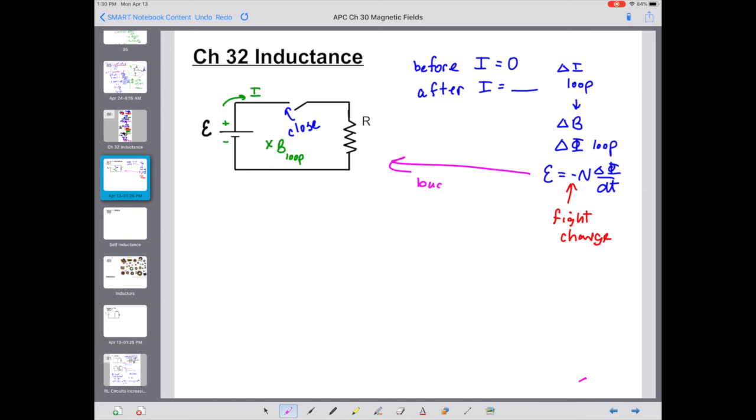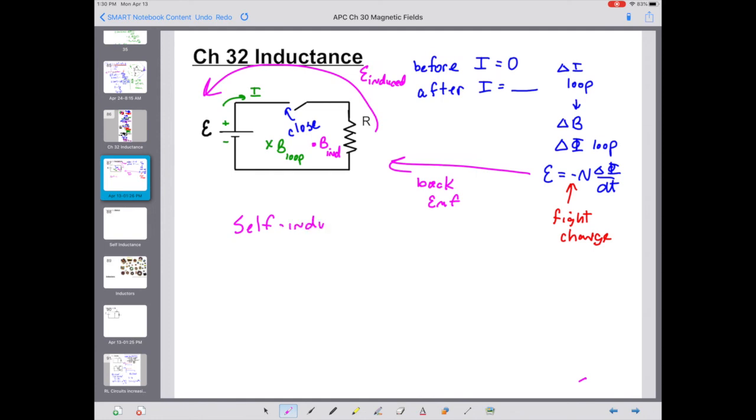You induce a back EMF fighting this change. That back EMF is going to oppose that, so then it's going to induce a backwards magnetic field or an induced EMF that fights the change, or is counterclockwise.